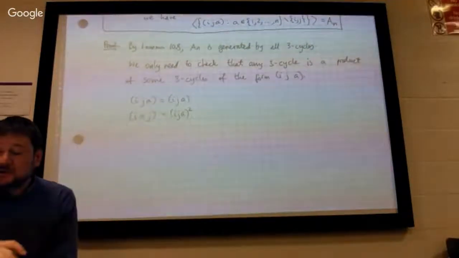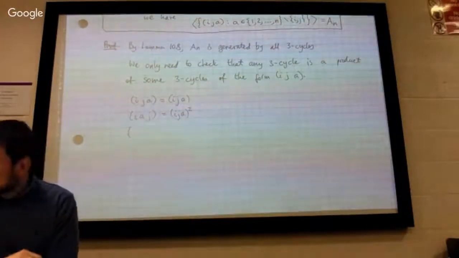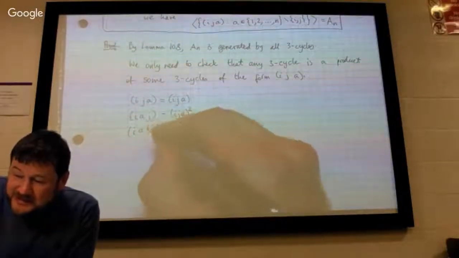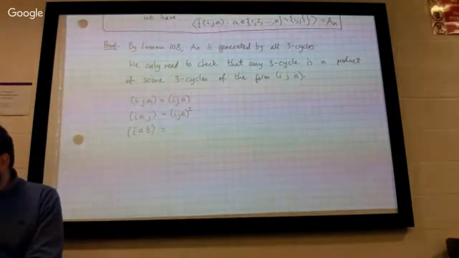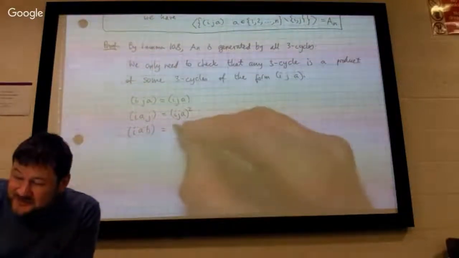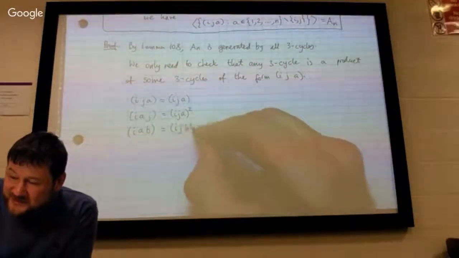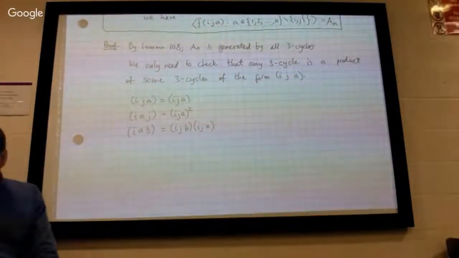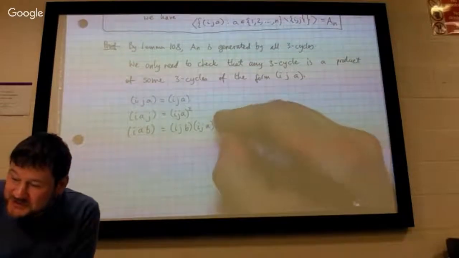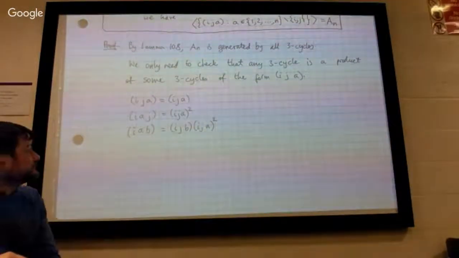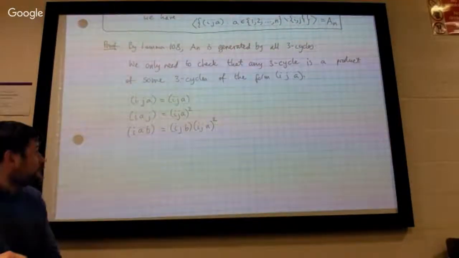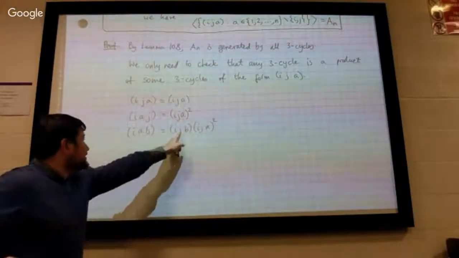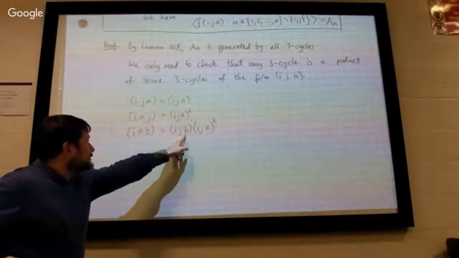Okay. Then there are some three-cycles that only contain one of them. So (i a b). If you have (i a b), then you can write it as (i j b) times (i j a) squared.